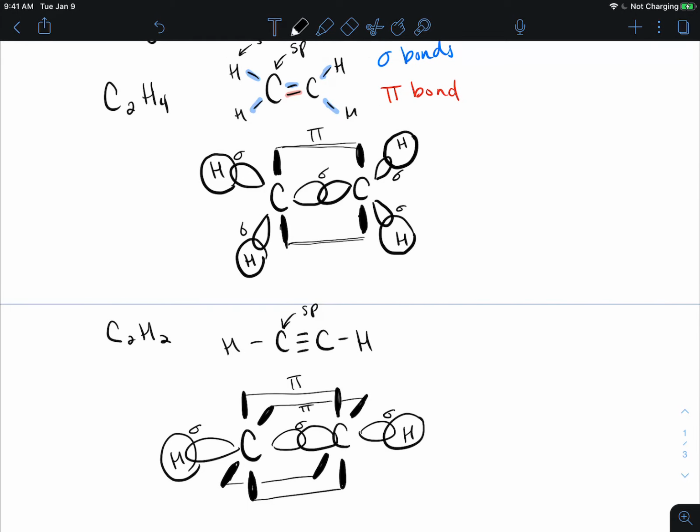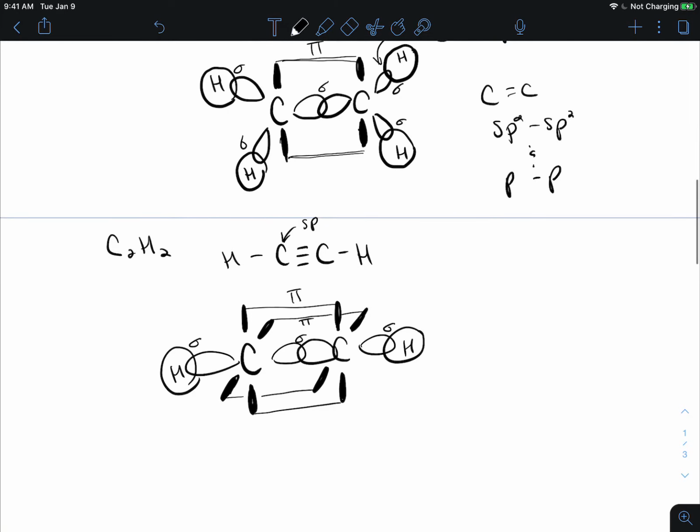So when we're thinking about what orbitals are overlapping to produce these, we would say that the carbon-carbon bond right here is the overlap between sp2, sp2, and pp. And then here the carbon-hydrogen bond is sp2 overlapping with an s.